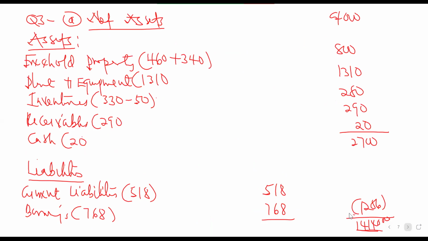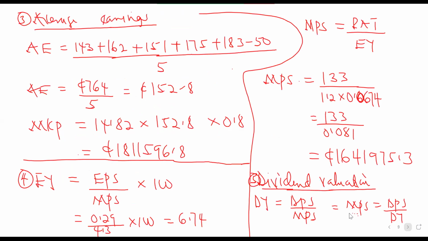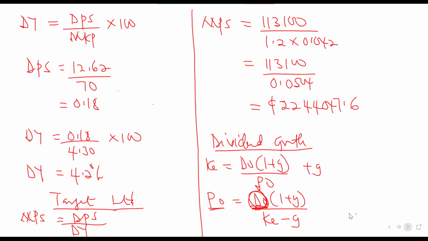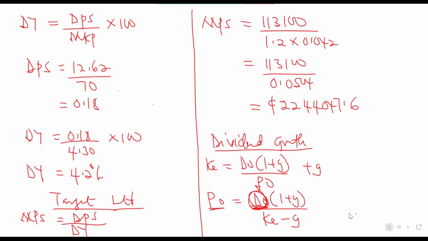If you're using net asset, it is 1,414,000. If you're using the price earning ratio, it is 1,576,848. The remaining ones are also higher. So what do you have to tell them?